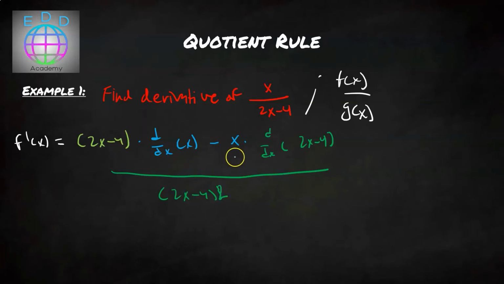Low d high minus high d low all over low squared.